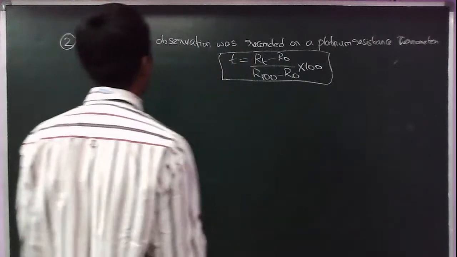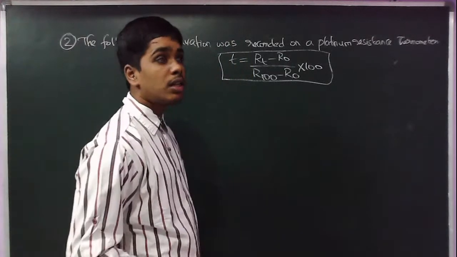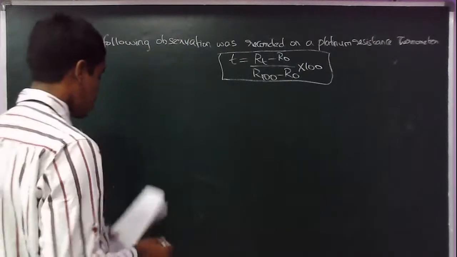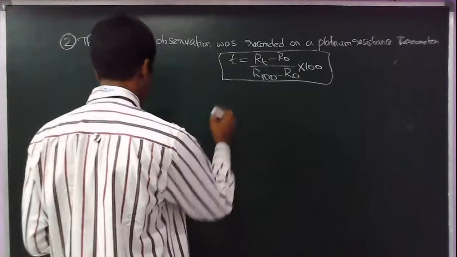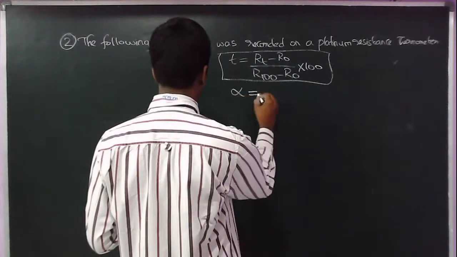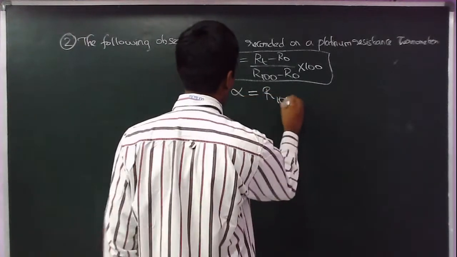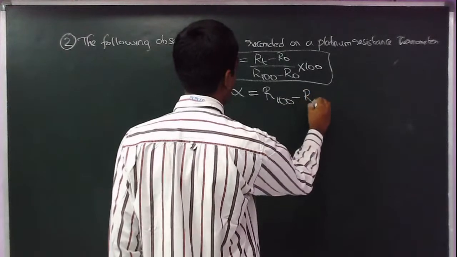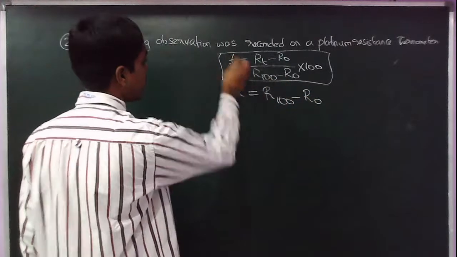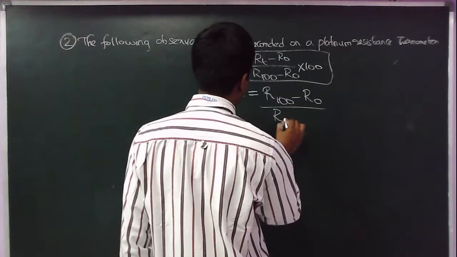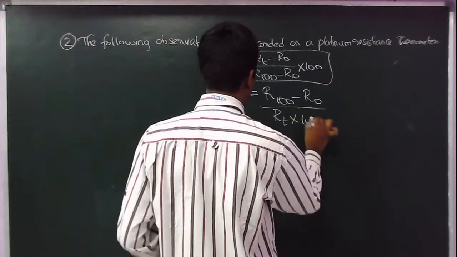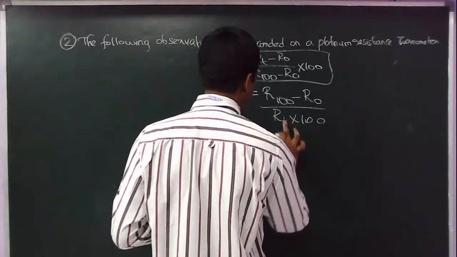Now we have another one. The other one is alpha. Alpha means the temperature coefficient. Alpha is equal to R100 minus R0 upon R0 into 100.